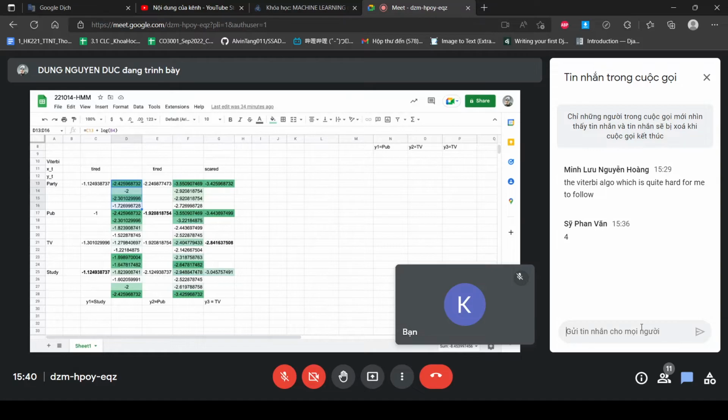That's exactly what the formula says. So when you take the maximum over yt minus 1, you get this number. The first column you multiply with 0.25, this is the prior.